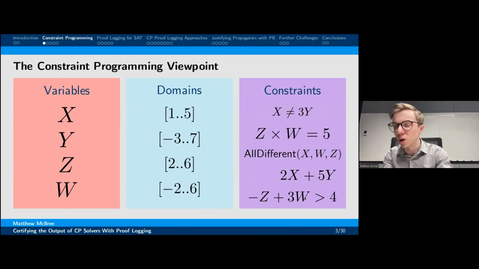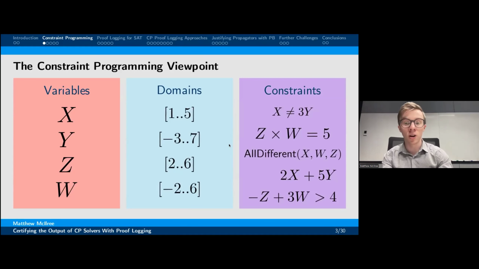And probably we also assume that these are ranges as well. So domains would look something like this: x in 1 to 5, y in -3 to 7, etc. And we're pretty loose about what sort of constraints we'll allow compared to other paradigms. So we have linear, nonlinear, inequalities, not equals constraints. We might allow multiplication and more complicated arithmetic expressions.